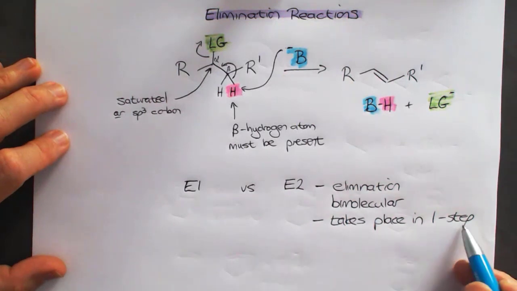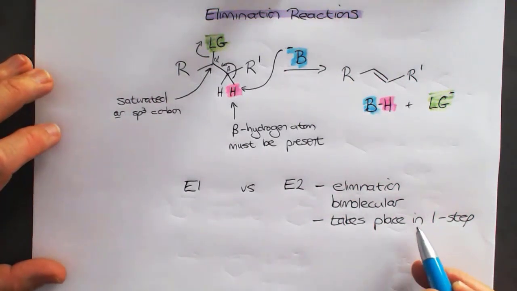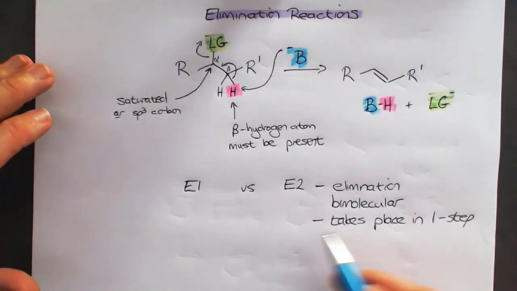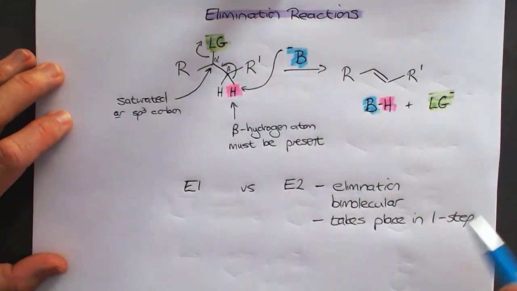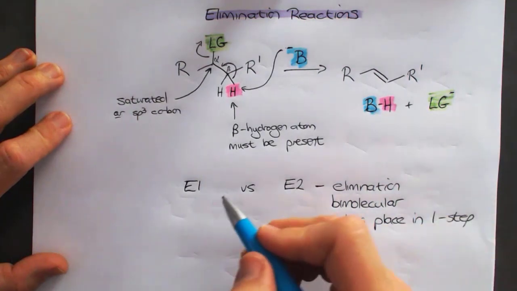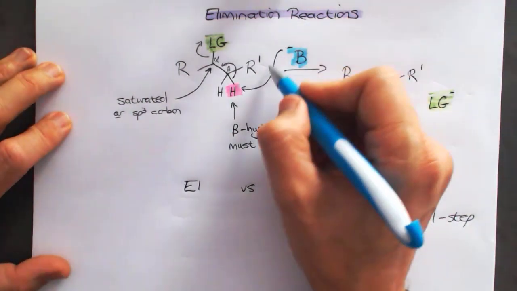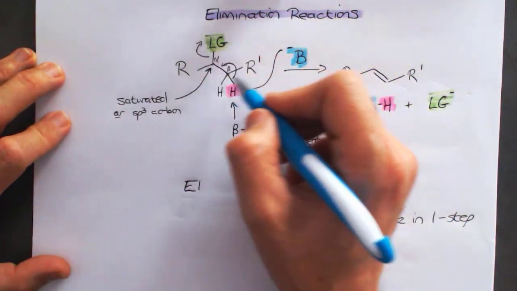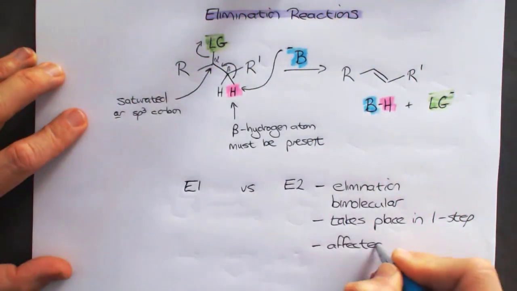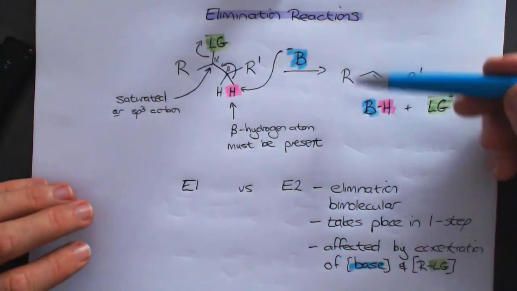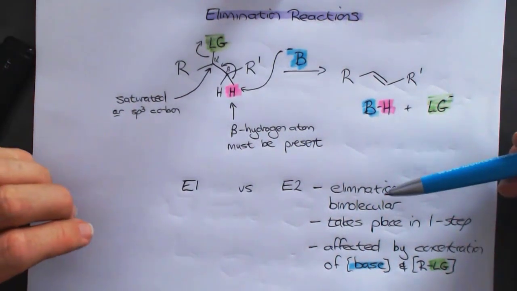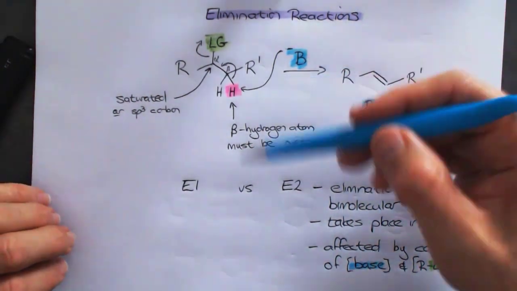We know it takes place in one step because when we do the rate and kinetic experiments on reactions that involve E2 mechanisms, they are affected by both the concentration of the base and the concentration of the molecule with the leaving group. So this tells us that this mechanism occurs in one step.